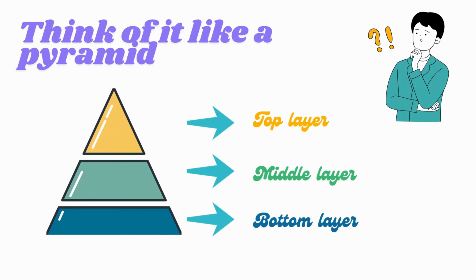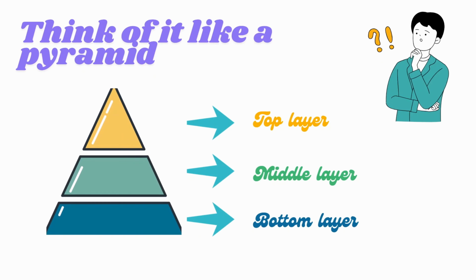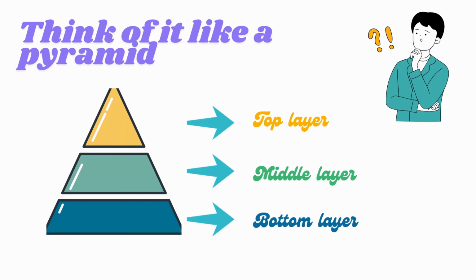The top layer has very few nodes. As we move down to the middle layers, there are more nodes offering a more detailed view of the space. Finally, at the bottom layer, we have all the vectors. The search starts from the top layer and moves downwards, getting more accurate at each level, kind of like zooming into Google Maps from a world view down to the street level. This makes HNSW both fast and precise, which is why it's the backbone of many production grade vector databases.